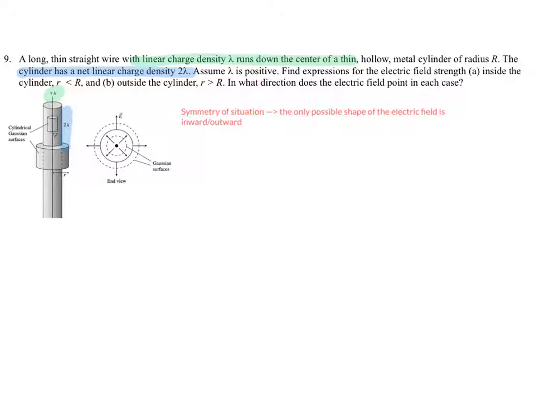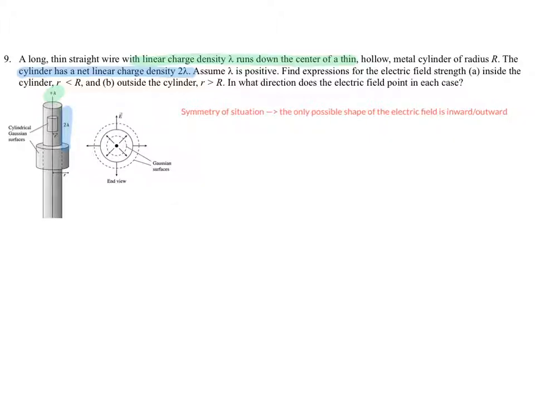So the charges in or on the surface of this wire can only point in or out. The reason for that is those field lines can't cross each other. So they all have to point radially inward or outward. We get no other option for that.